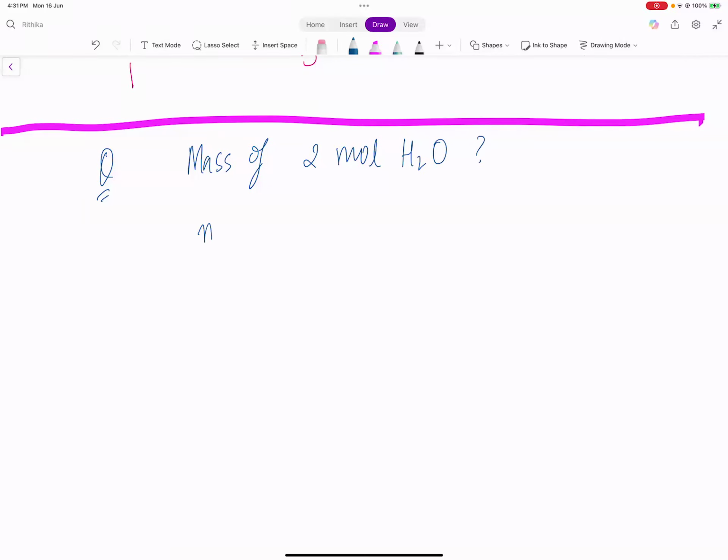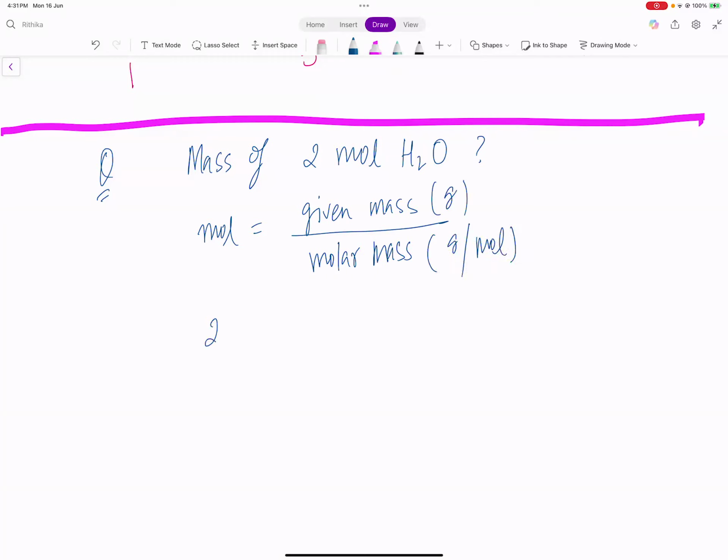I have the formula: mole equals given mass by molar mass, with given mass in grams and molar mass in gram per mole. Moles are given; given mass is what we have to find.